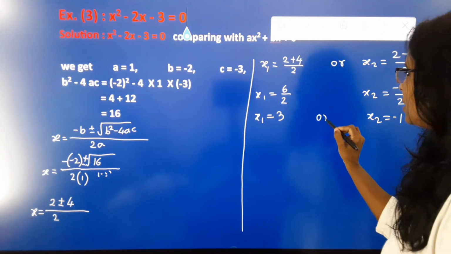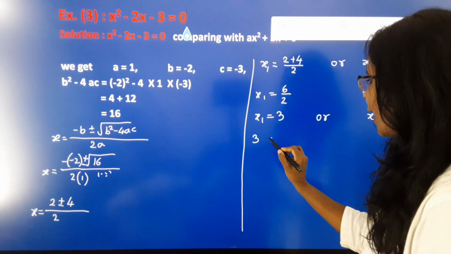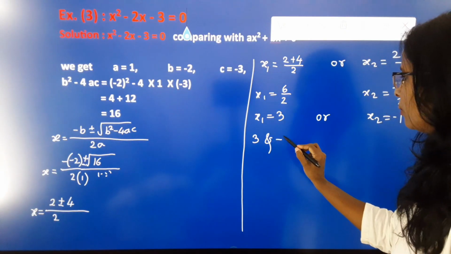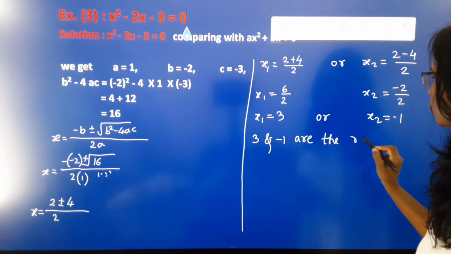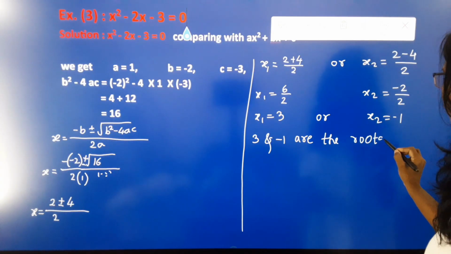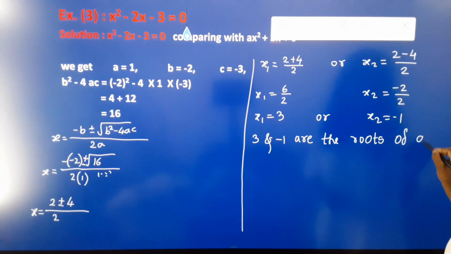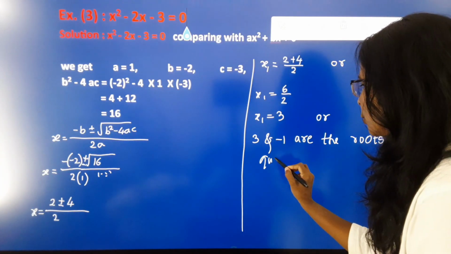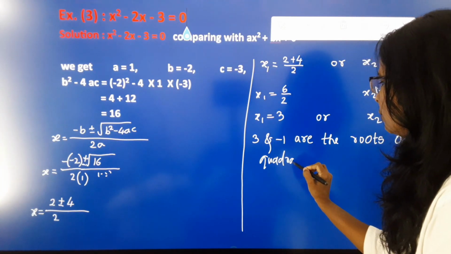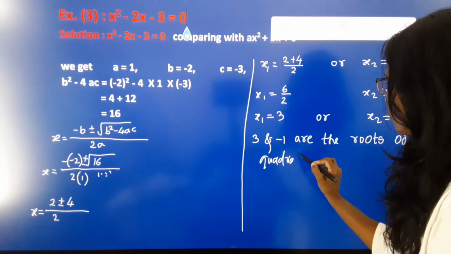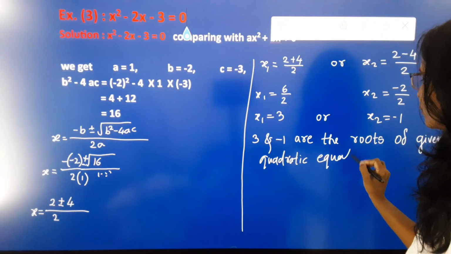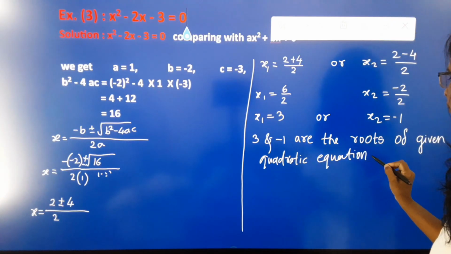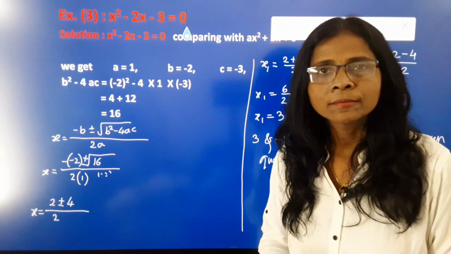So that means 3 and minus 1 are the roots of the given quadratic equation.